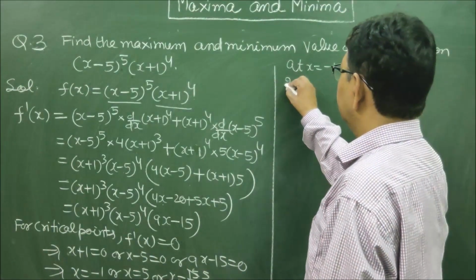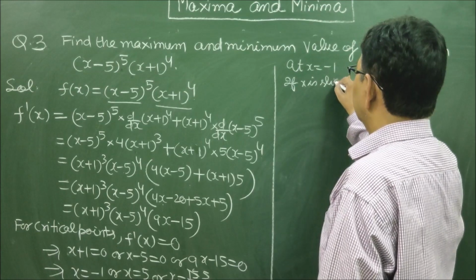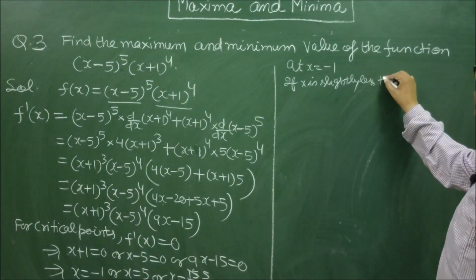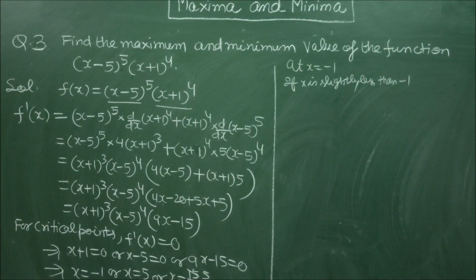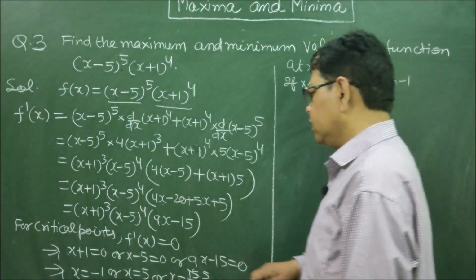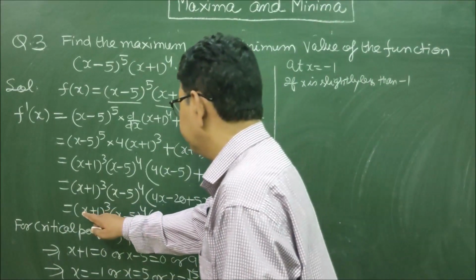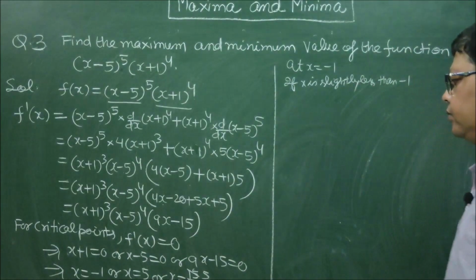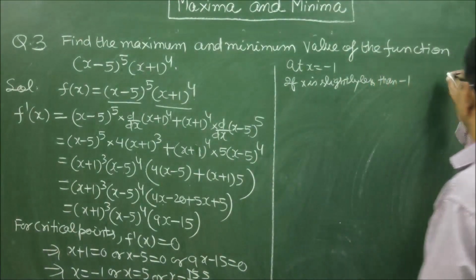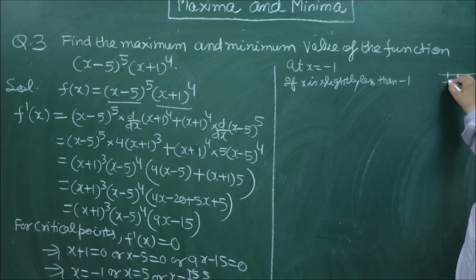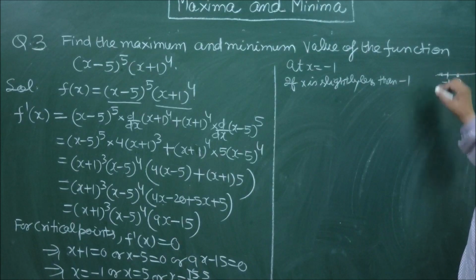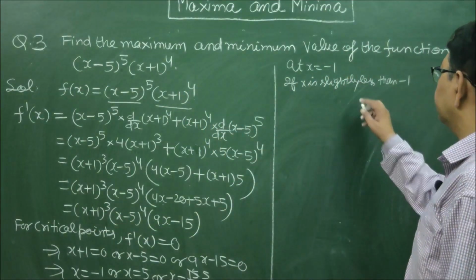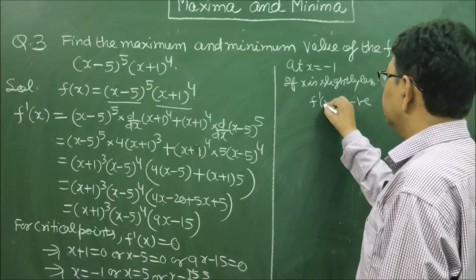If x is slightly less than minus 1, for example minus 3 upon 2, then x plus 1 will be negative, so the sign of f dash x is negative.